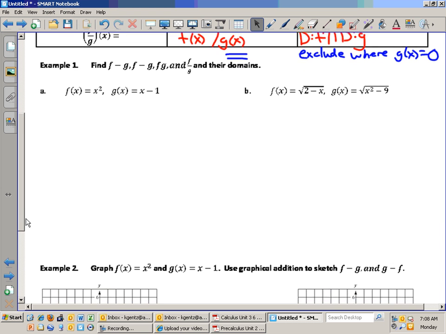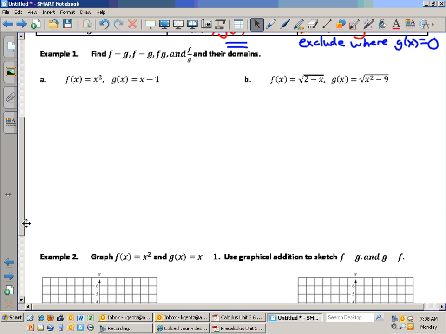So we want to compute all of these things: f plus g, f minus g, and so on.